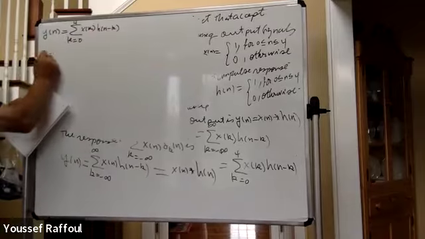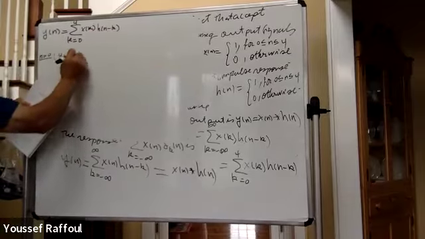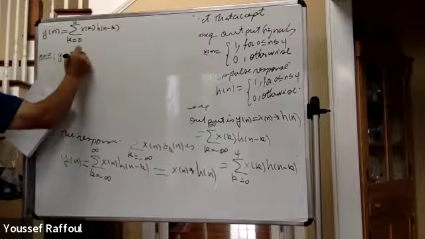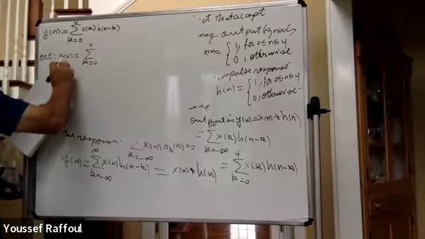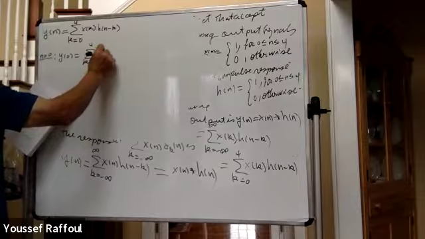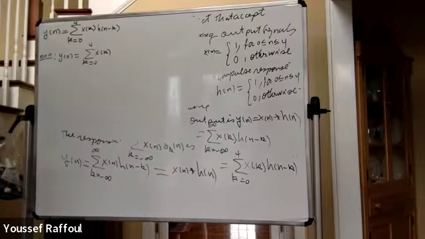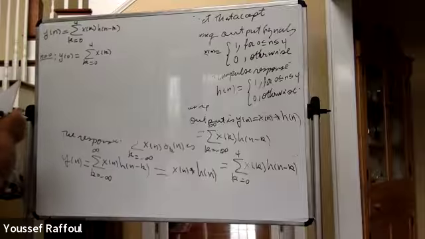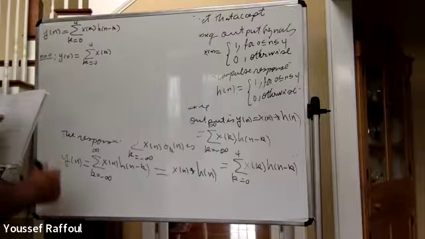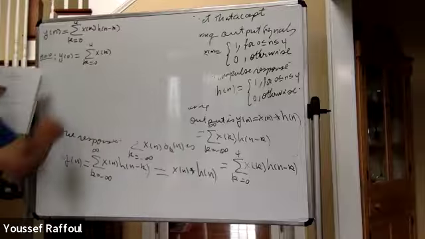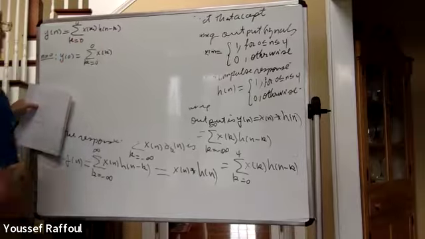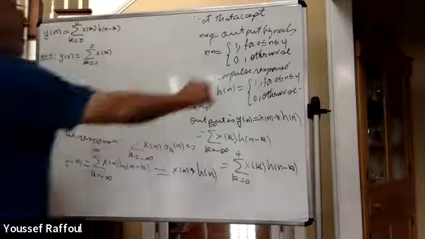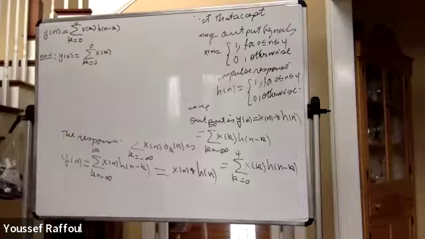So for n equals 0, y(0) is the sum from k equals 0 to 0, because remember, this is 0 to 0. Okay?